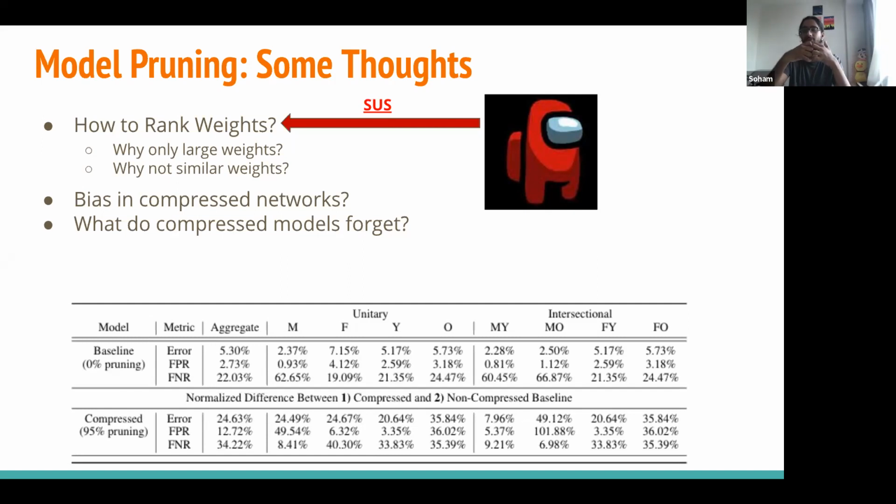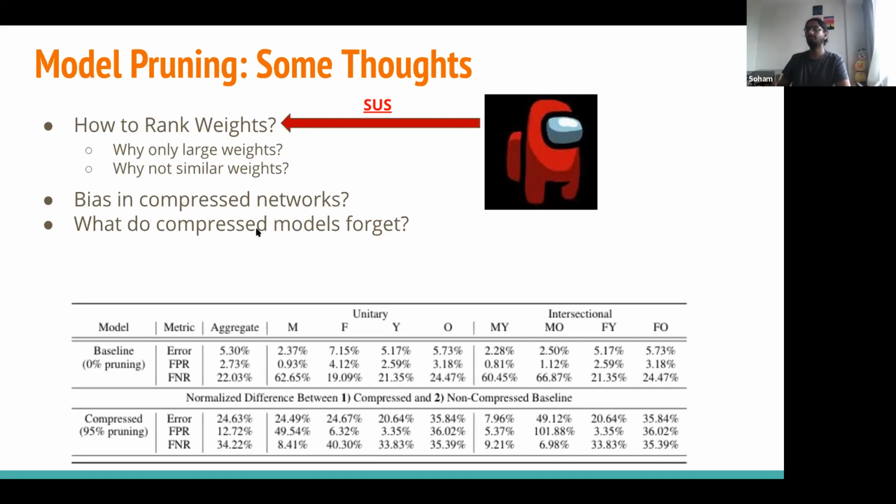So we only prune weights where the activations and weights are not similar. That's something that I'm working on right now. If you have any ideas on that as well, feel free to reach out. We can do something. But to me, ranking weights and then removing only the low magnitude weights always seemed weird.